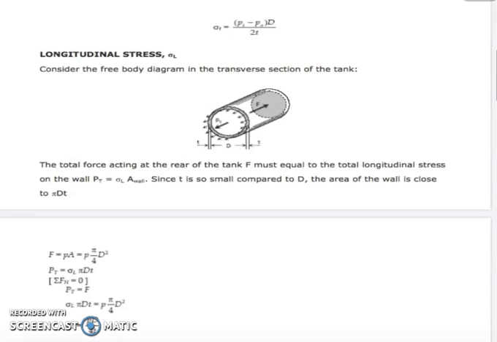So based on this illustration, our F here is equivalent to pressure times area, or pressure times D squared all over 4.